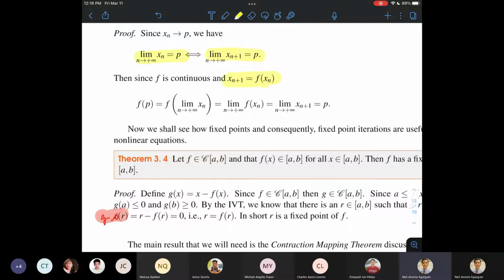Now, paano papasok yung continuity? Well, since I want to show that p is a fixed point, I want to show that f of p is equal to p. So let's now try to compute f of p. So f of p, plug in mo si p, pero si p, according to this statement, ay equal sa limit ng x sub n's. So ibig sabihin, f of limit of x sub n. All right, nothing fancy there, substitution of p as a limit.